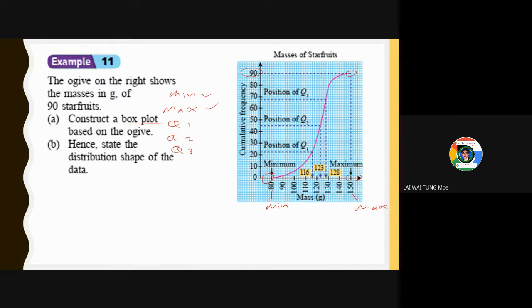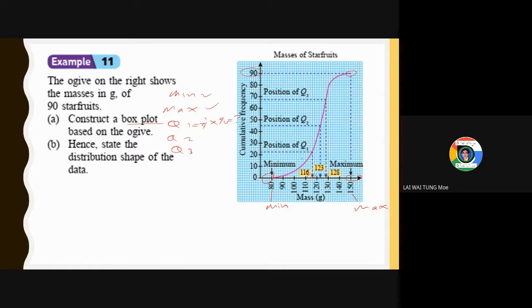And then for Q1, Q2, Q3, you need to use the formula 1/4 times total data, which is 90. The total data is this one, 90. When you calculate this, you get the value here, and you have to find it from your cumulative frequency, Q1, and then go down and read this value.